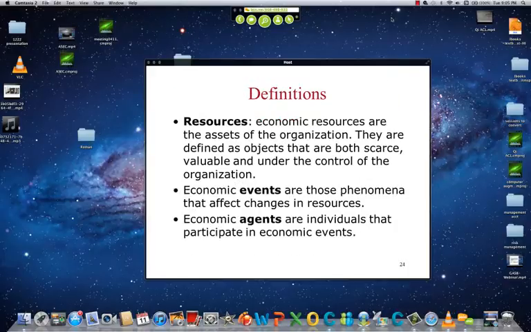So actually, just to talk about all of this, right? Resources are something which is valuable and which is scarce. Then you have economic events which result in exchange of these resources, and you have agents which participate in those economic events. Okay. So if you look at first letters, it says REA: resources, events, agents.